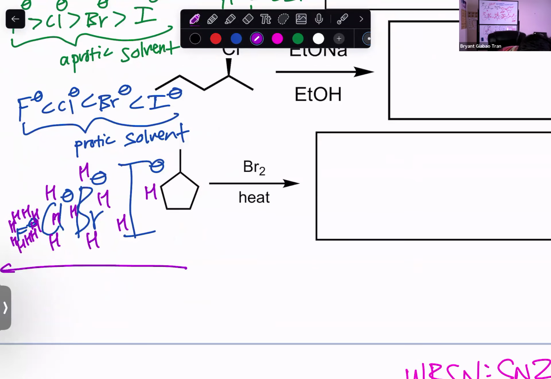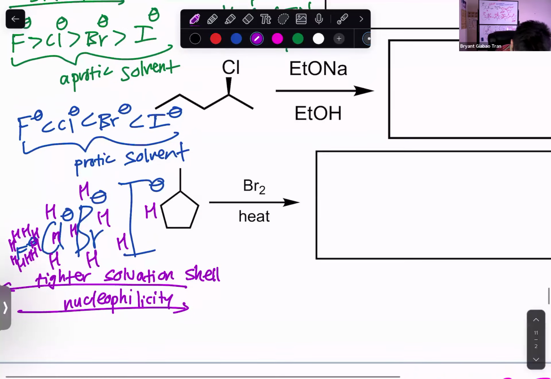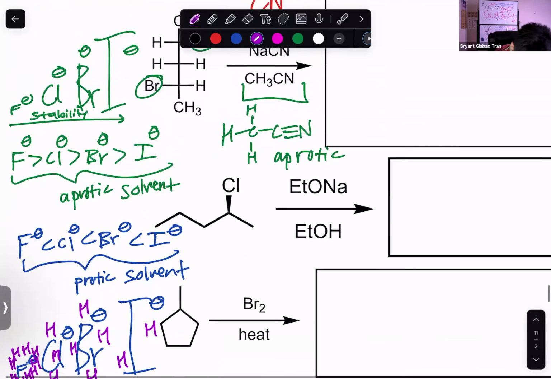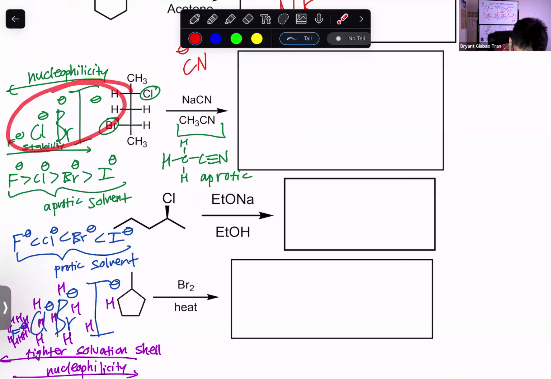So we could say stability goes one way, and nucleophilicity is in the other direction here. They flip. So in an aprotic solvent, there's no solvation shell.